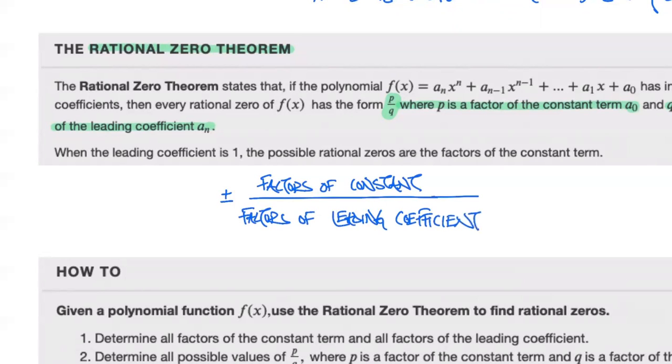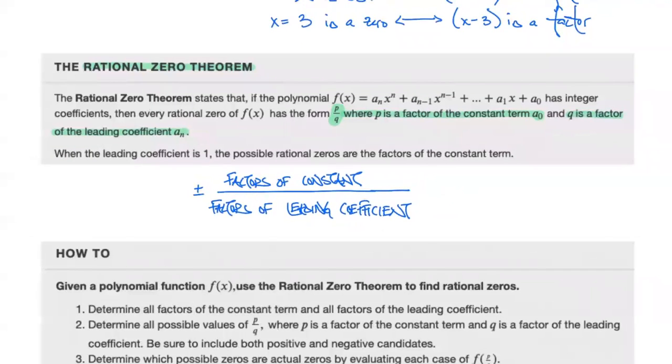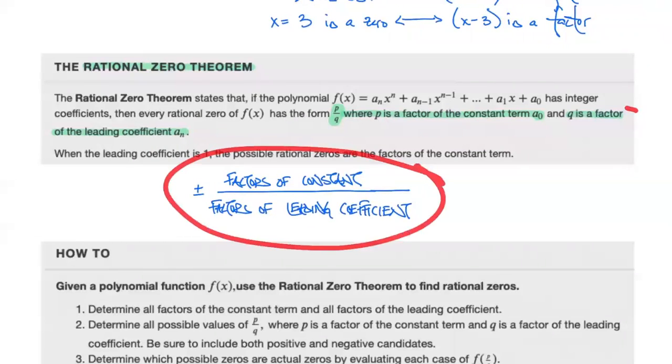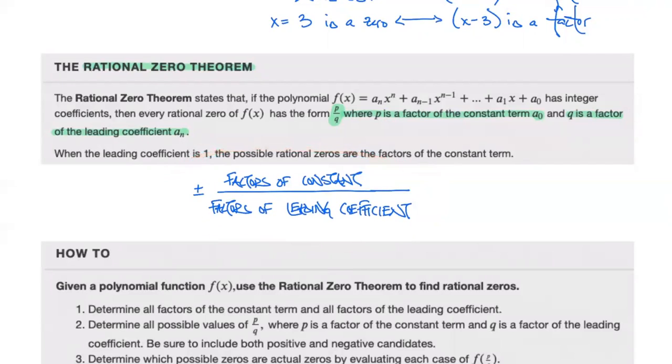And I wanted to include the textbook's fancy language and symbols because I think it's important for us to realize that if we understand this, we can also understand this. That's like a confidence thing. Do we feel like we are good enough to even understand what that means? And the answer, folks, is yes, you are. We just need to think about other ways to express it so that it makes more sense to us.